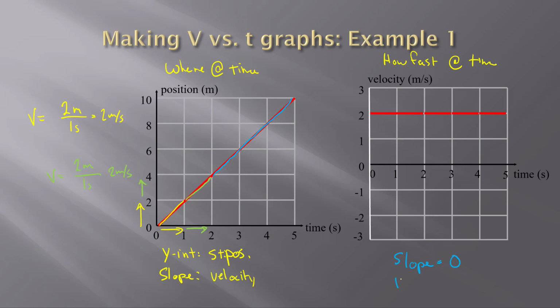What will change is the y-intercept. The y-intercept is actually telling us the velocity at time 0, or in other words, its initial velocity. Since it's not going to change its velocity, that initial velocity is the same all the way across. So those are just some tips. You will always get flat lines for this unit. Next unit, it will change.